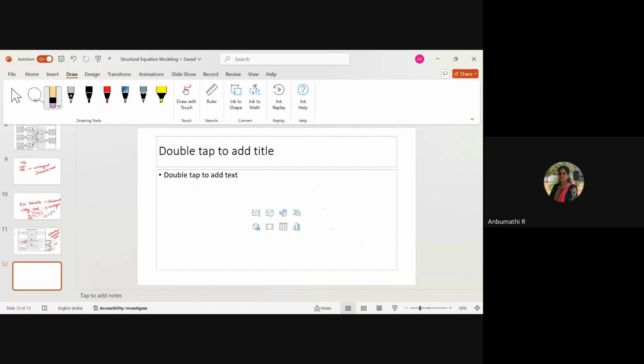We have seen something like convergent validity and discriminant validity. So what does convergent mean? Convergent validity should be with the variable to its indicators.